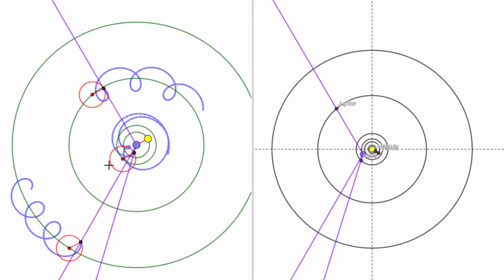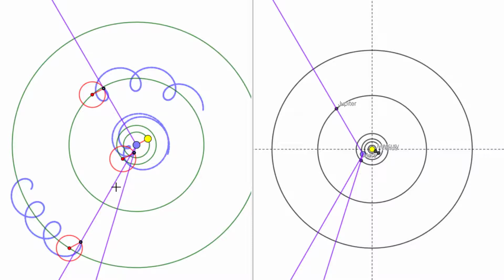Mars would be crashing past Mercury and Venus, and you can't have that because he thought these planets were embedded in crystal spheres, and so you'd be breaking the glass, so to speak, if you had them intersect. And since he didn't really know how far away they were, he just pushed these outward along these lines of sight until these orbits did not affect each other. But let's just leave it like this for now.